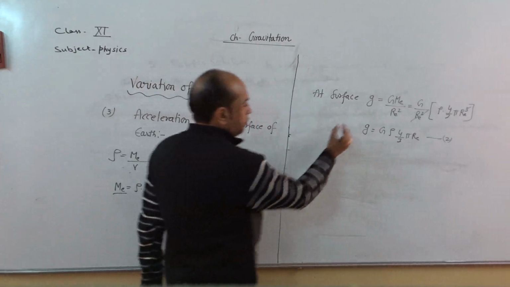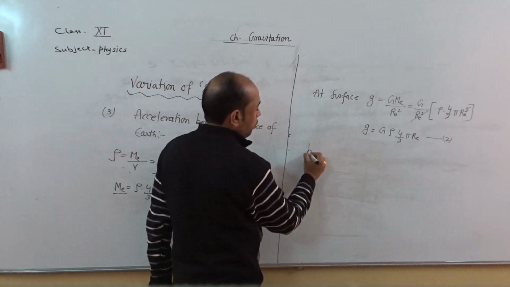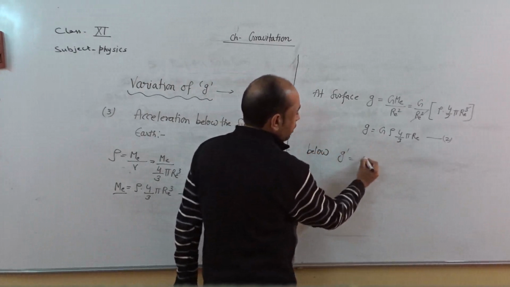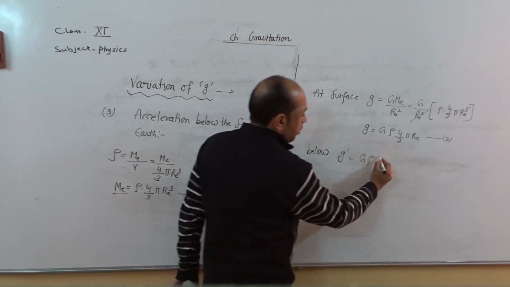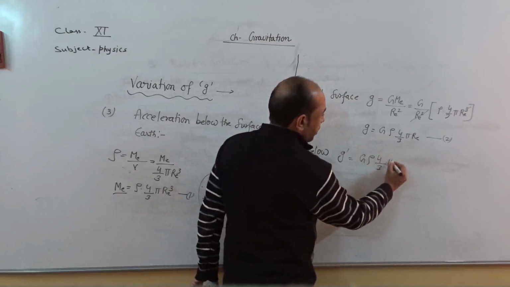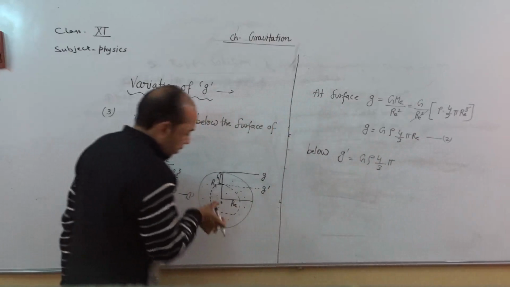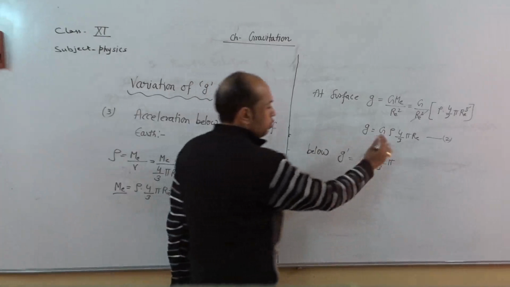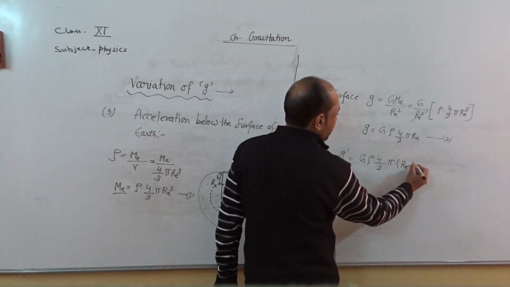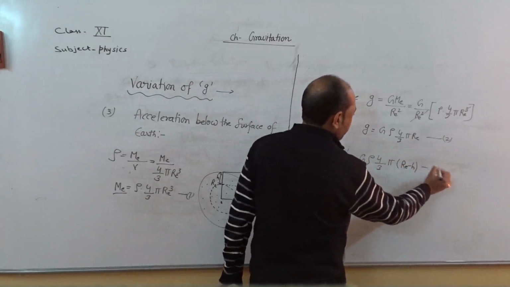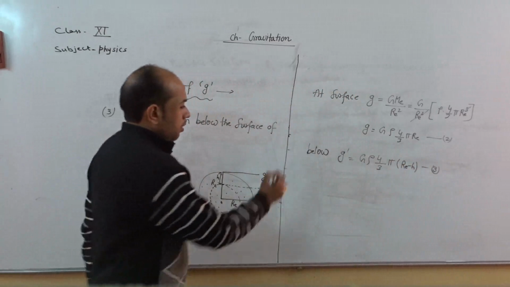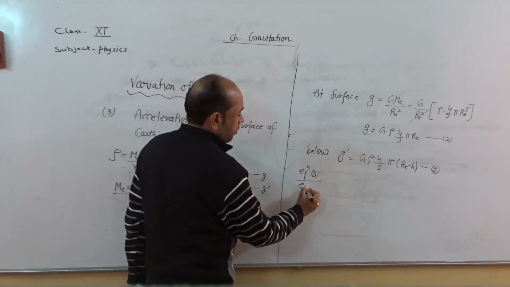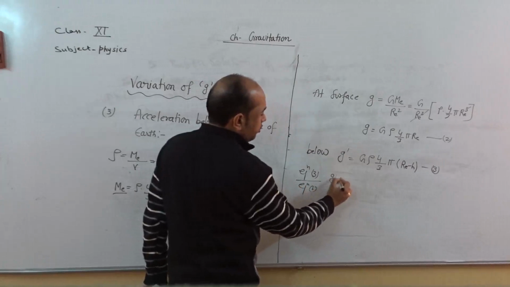Similarly, if we find g dash below, G remains the same, rho remains the same, 4/3 remains the same, pi remains the same, and the remaining part is Re minus h. So this is replaced by Re minus h, equation number 3. Now equation 3 is divided by equation 2, so this becomes g dash upon g.